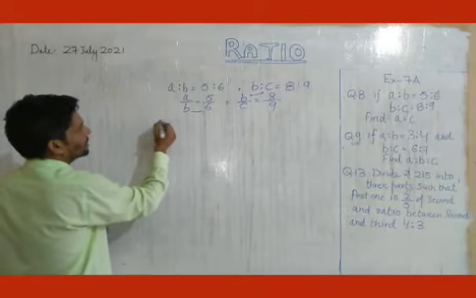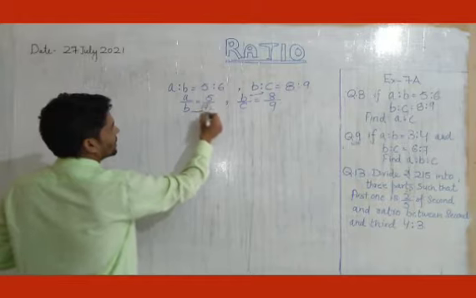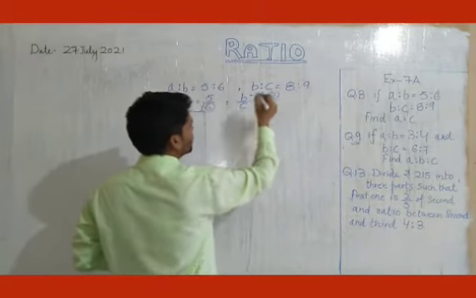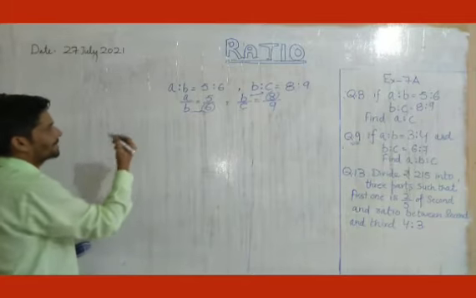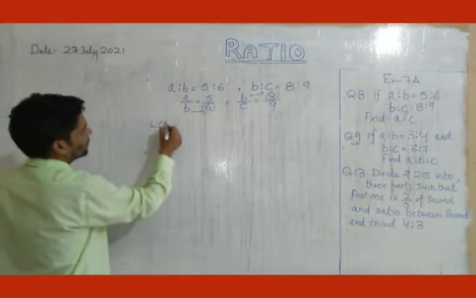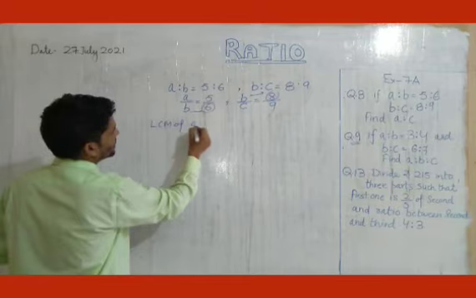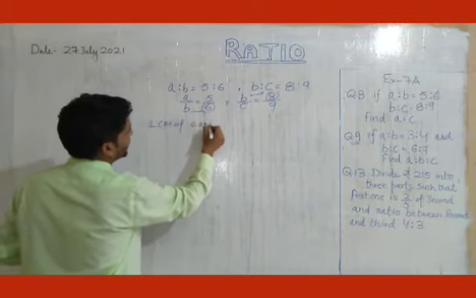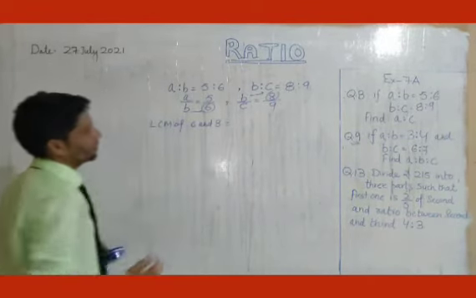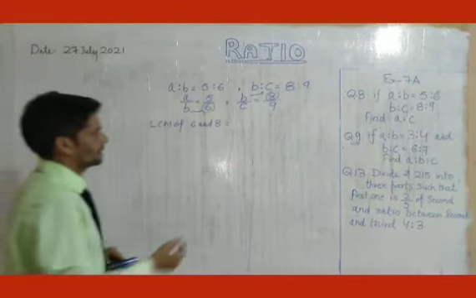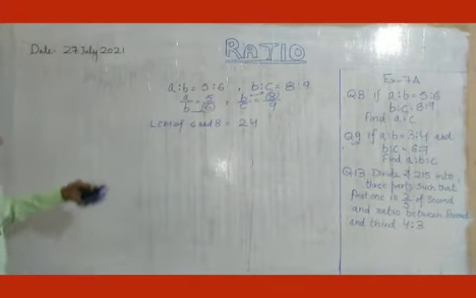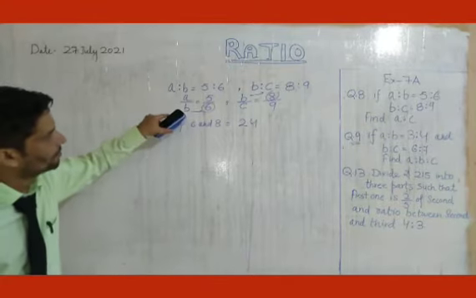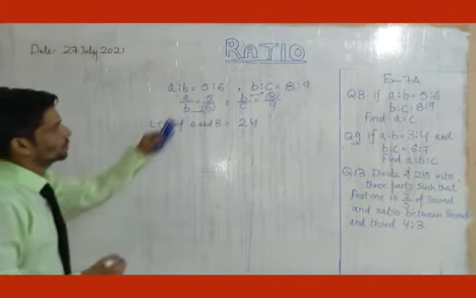So we have to take the LCM of 6 and 8. What is the LCM of 6 and 8? That is 24. So we have to make B as 24 in both ratios.